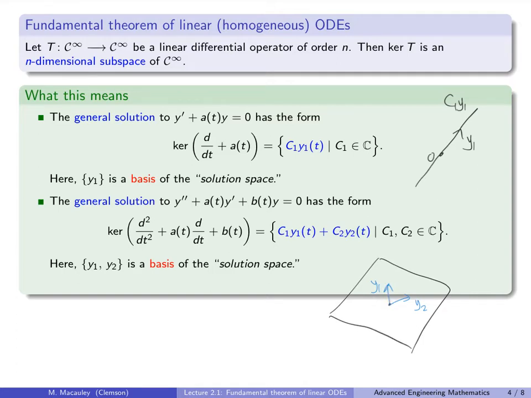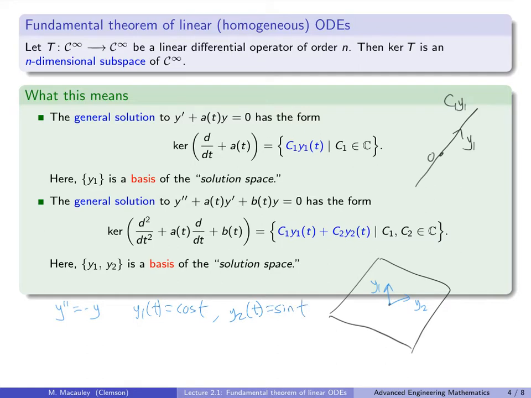But let's consider the ODE y double prime equals negative y. So this is linear and homogeneous. Well, because if you move this to the left-hand side, then g of t, on the right-hand side, is equal to 0. And hopefully you remember that the following are both solutions to this ODE. y1 of t equals cosine of t, and y2 of t equals sine of t.